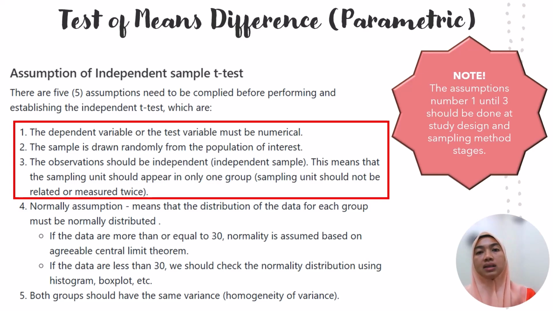If your data is less than 30, we should check the normal distribution using a histogram, box plot, and so on. And the last assumption is that both groups should have the same variance, which means your groups must have homogeneity of variance. The important part to remember is that assumptions 1 to 3 in the red box here should be handled at the study design and sampling method stage.